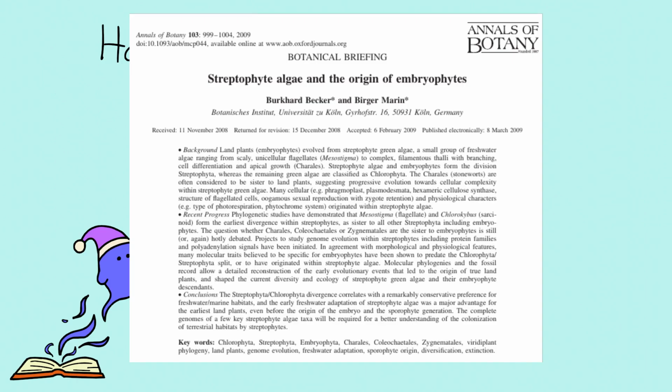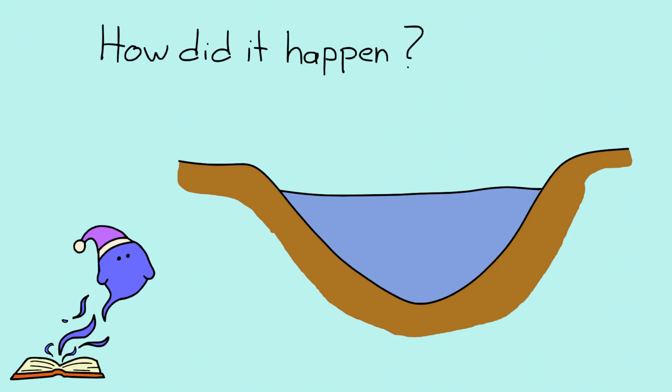Streptophytes likely lived in freshwater environments, where they were constantly exposed to the shore and adapted to the conditions of the surface while staying close to water. They had very little competition, since the land was quite empty at that time, so they were very successful out there.